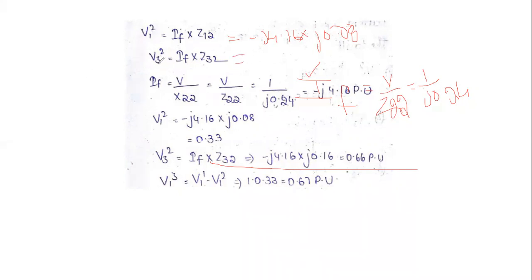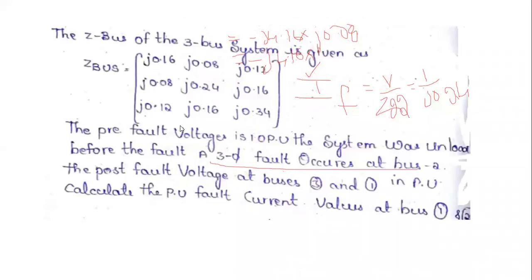Next, we calculate the voltage at bus 3 during the fault condition. That is IF into Z32. What is the value of IF? That is minus j4.16 into Z32. This is Z31 and this is the Z32 value. What is the value?